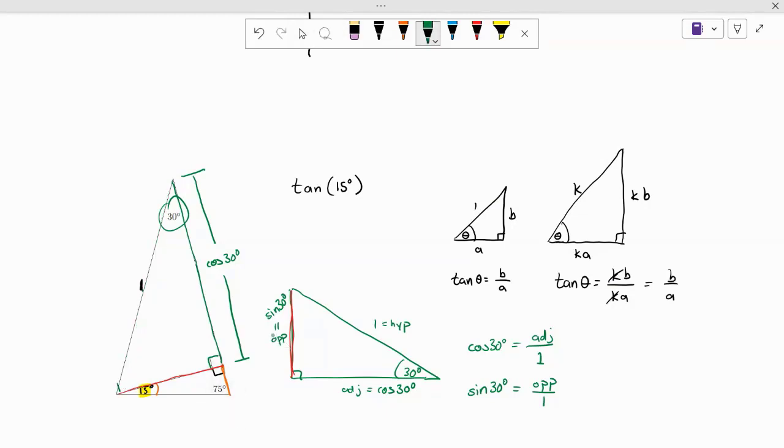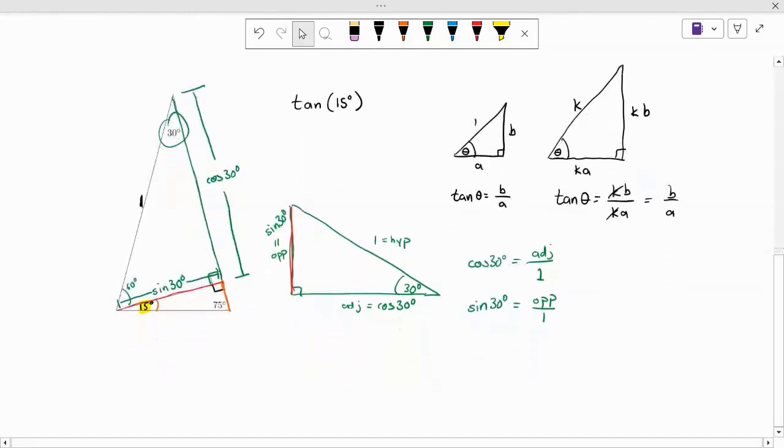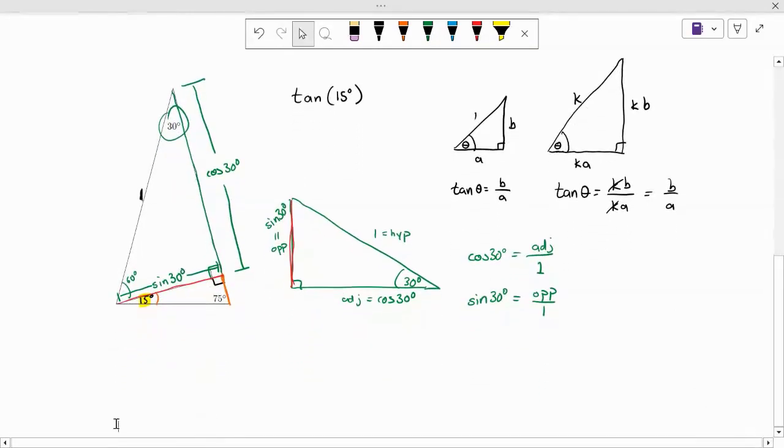So this length is sine of 30 degrees. And our angle here was 60. And if you look at the overall triangle, what kind of triangle is this dunce hat-shaped triangle?